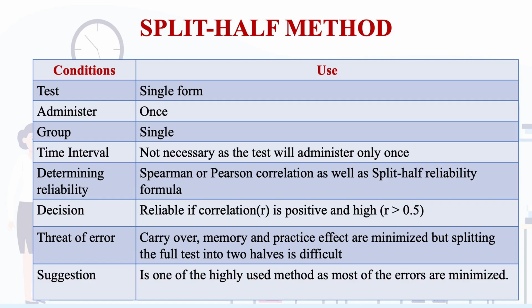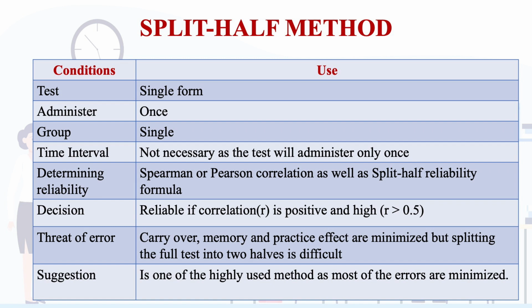We are not using two groups, and there is no need of providing any time interval, as we are not using two tests or two administrations. A single administration will be done, so there is no question of any type of time interval.